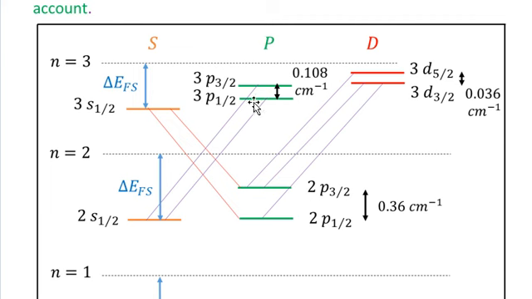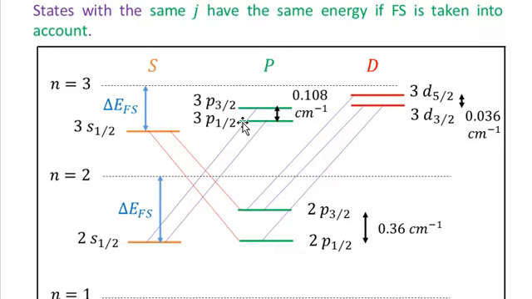So let's discuss the 3p electron. For the 3p electron, the value of the orbital angular momentum L is equal to 1. And again, this 3p level will have doublet states, that is 3p3/2 and 3p1/2. The p3/2 and p1/2 will be the doublet levels, and this splitting is again because of the spin orbit coupling.